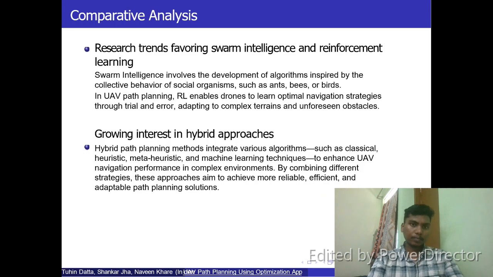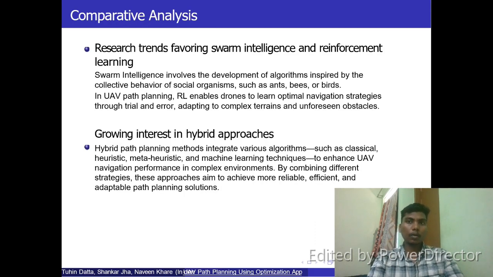Comparative analysis. In comparative analysis, the authors provide extensive comparative tables documenting how each algorithm addresses specific objectives and constraints. This analysis reveals that recent research trends favor swarm intelligence, meta-heuristics, and reinforcement learning approaches due to their adaptability and effectiveness in dynamic environments.